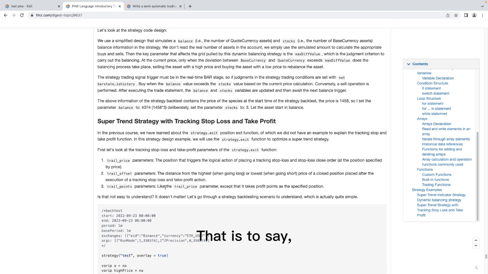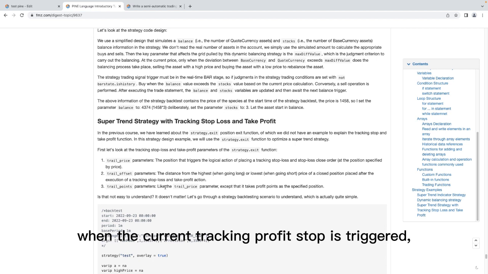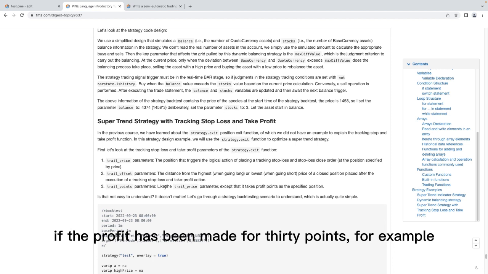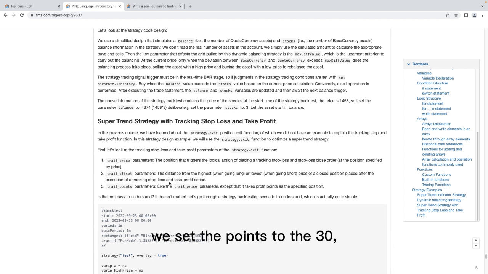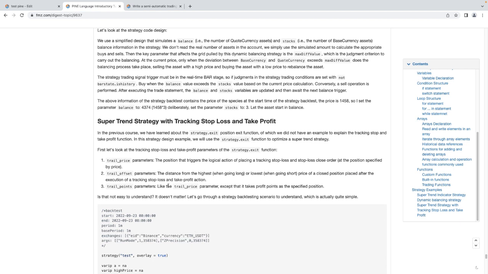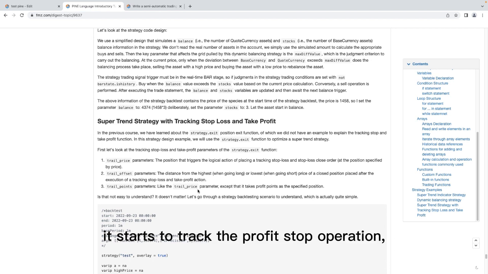That is to say, when the current tracking profit stop is triggered, if the profit has been made for a number of points, for example, we set the trail points to 3, which means that it has made profits for 3 points. At this time, it starts to track the profit stop operation.